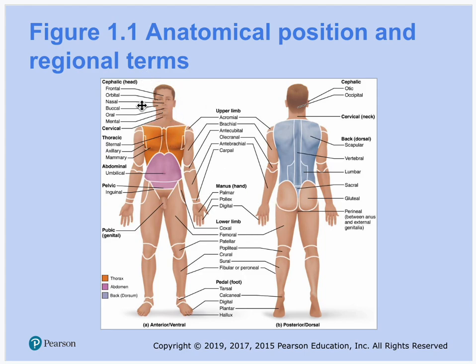When you're looking at this, the bold words are for the regions, and the normal fonts are for the smaller areas. There's a very similar illustration in your lab practice, so give yourself some practice with identifying these, maybe by writing a list of all of these and then practicing on the lab practice where each of these is on the body.